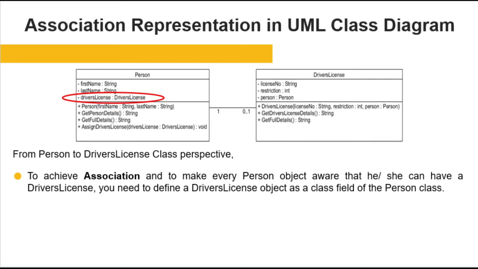So as you can see in the given figure, inside the class fields, or the second compartment of our person class, we defined a driver's license object, which is an object or an instance of the driver's license class. And that will be our way to achieve association. We will use the services provided by the driver's license object inside the person class.